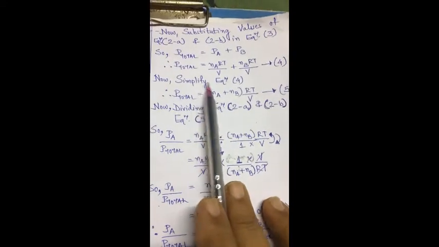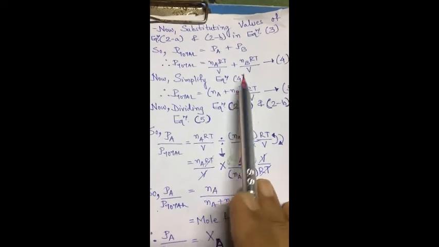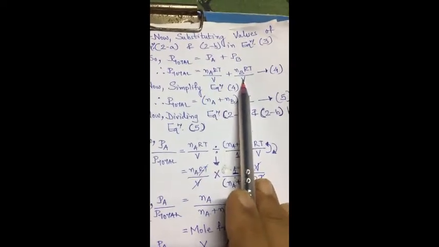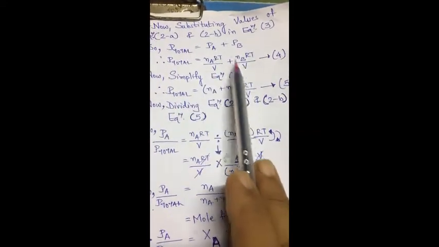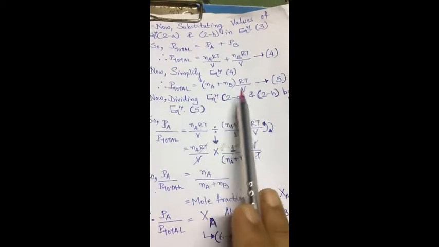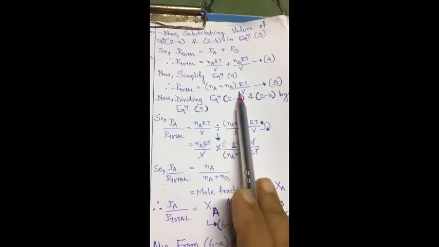We will simplify this equation, right? As per our mathematics, like terms are simplified by taking common. So here P total is equal to nA plus nB, RT by V is common. So we will take it as common, right? And this is our equation 5.